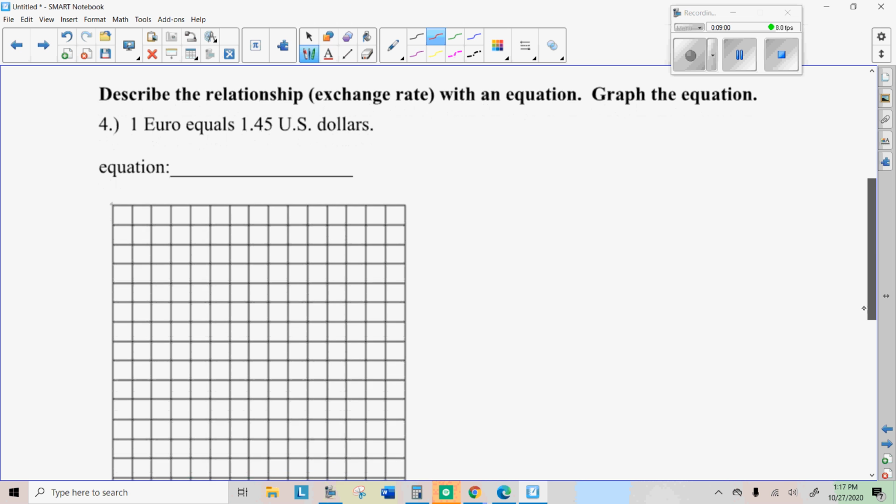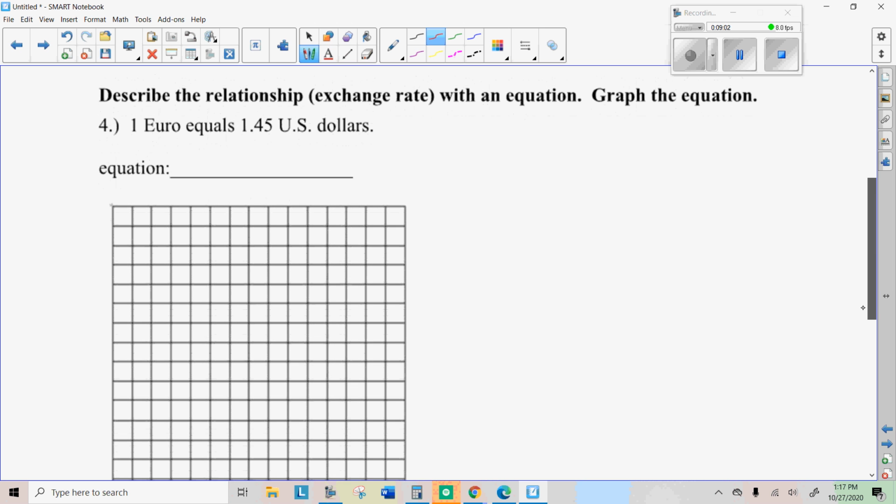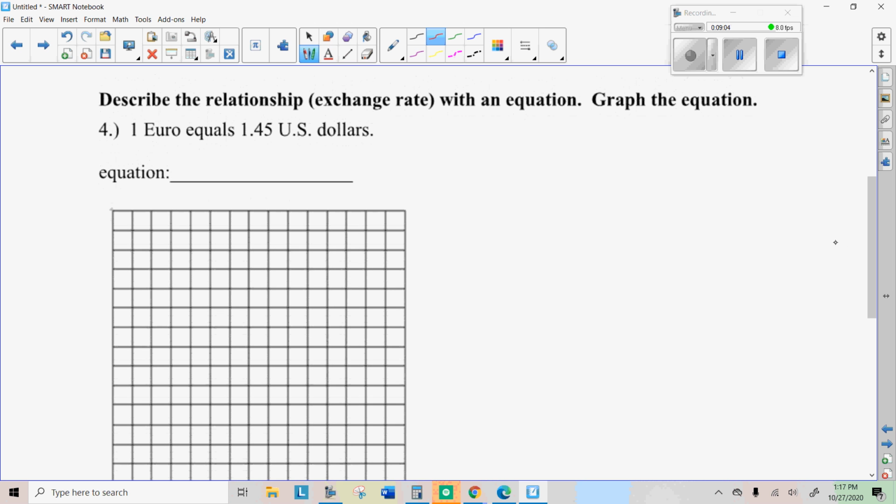Okay, so we're going to describe the relationship with an equation, and graph the equation. So 1 euro equals 1.45 US dollars. Proportionally that looks like this: 1 euro equals 1.45 US dollars.